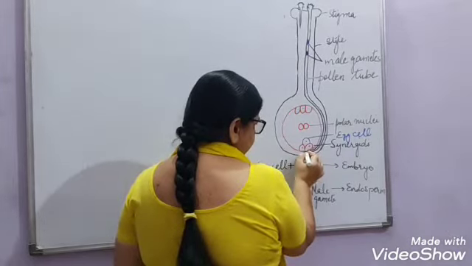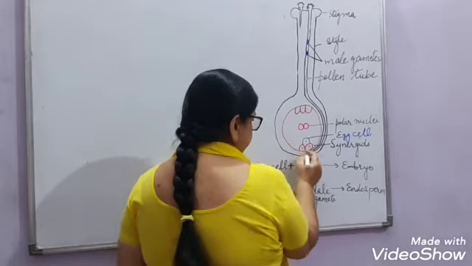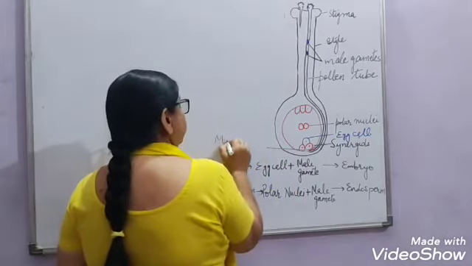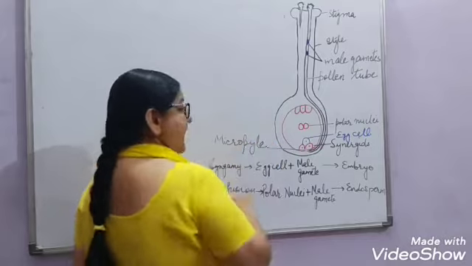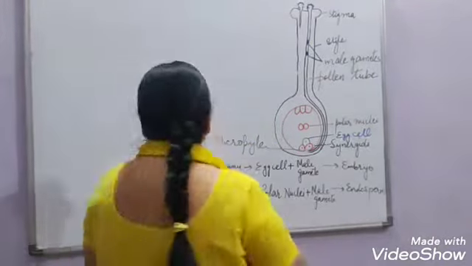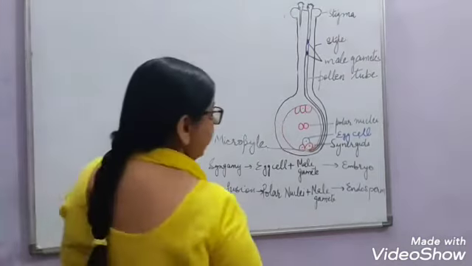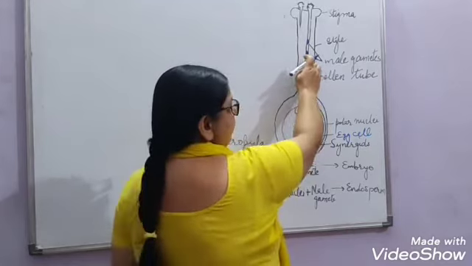And the polar nuclei will enter through this part. This opening is known as micropyle, right? So it will enter through this micropyle and will get one of the male gametes.